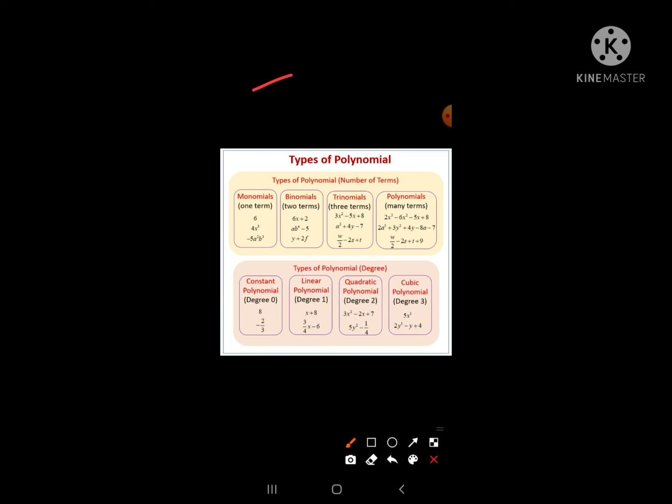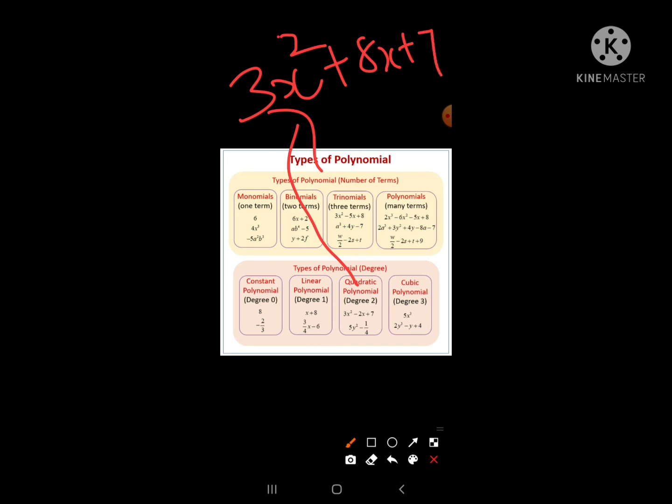Got it? Now quadratic polynomials are the ones like 3x square plus 8x plus 7. Here the powers are 2 and 1, and then 7. Now you may not be able to recognize the degree.